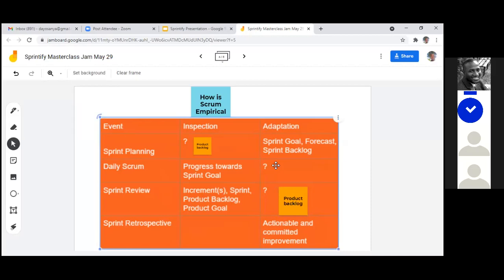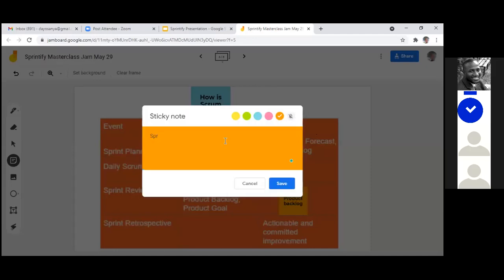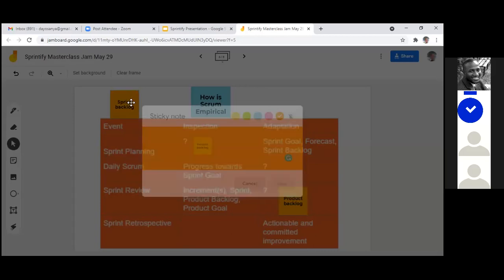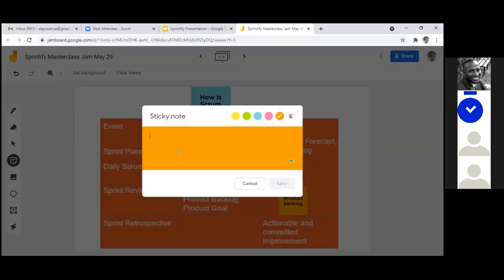Then here, this one is also the sprint backlog. Then also the work they will do in 24 hours, because they are going to be saying, okay, this is what they are going to be doing.